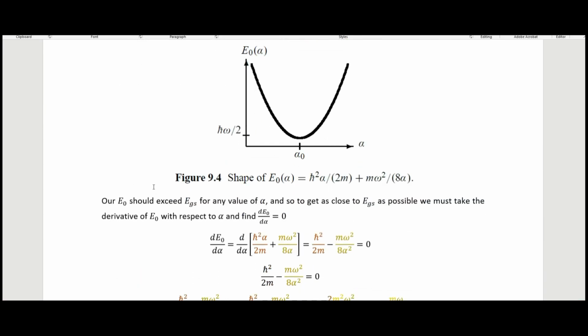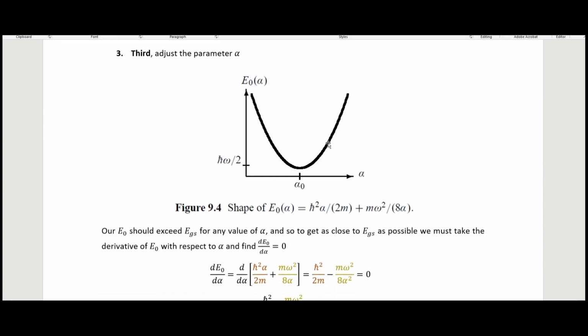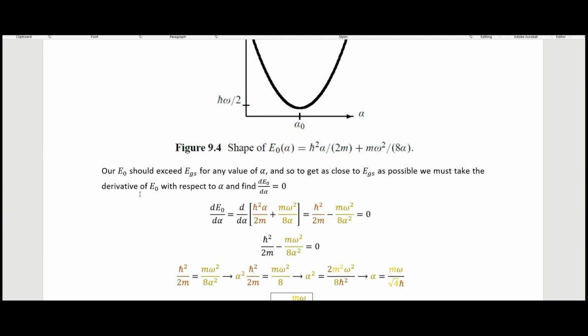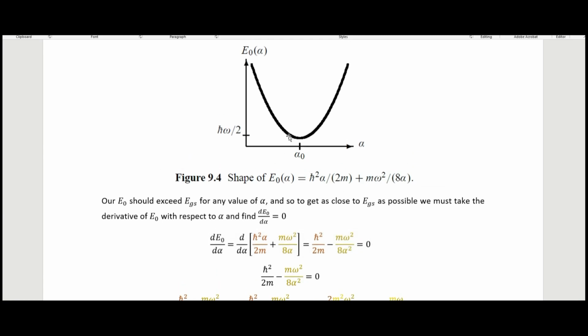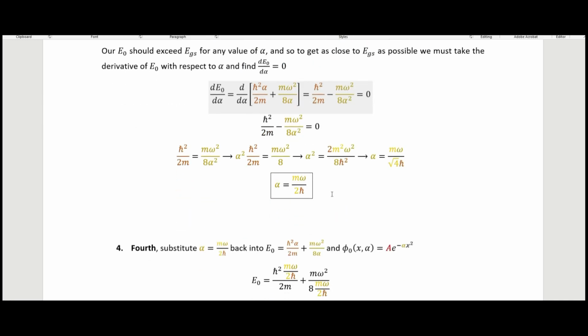All right, so third, we want to adjust the parameter alpha. And so this is sort of looking at what that function as a function of alpha would be right here. And so we will actually take the derivative of it. We want to find when the derivative is equal to 0 because we want the minimum on this function right here. So we want to try and find there. So we take the derivative of our energy with respect to alpha and try to find when it is 0.